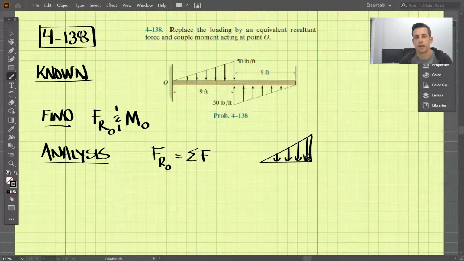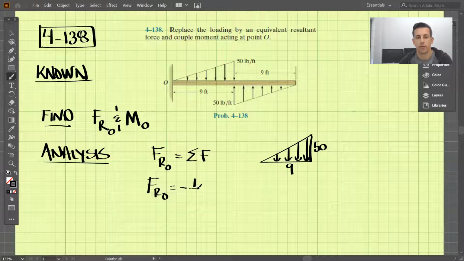So we have 50 on this side, and we have the base at 9. For this triangle, it's downward, right? It's all pointing downward, so we're going to have a negative. And remember that the area of a triangle is 1/2 base times height. So negative 1/2 times the base times the height, which is 50.